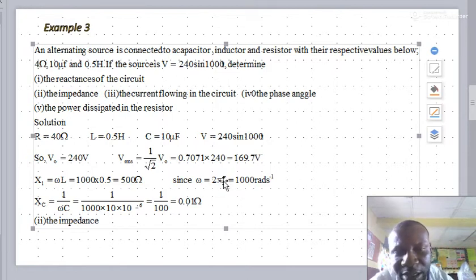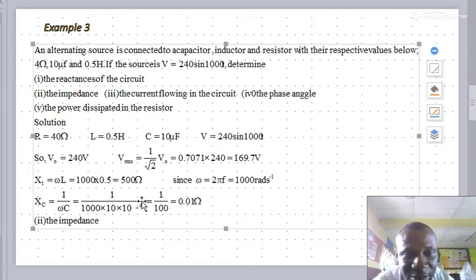It is 2 pi times frequency that will give you the angular frequency. The angular frequency is measured in rad per second, while the frequency is normally per second, which is in hertz. So this is 2 pi f equal to 1000. Since we know omega, no need for us to go and find f because it was not required.